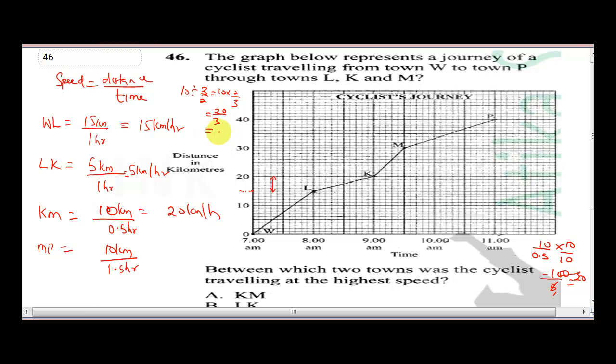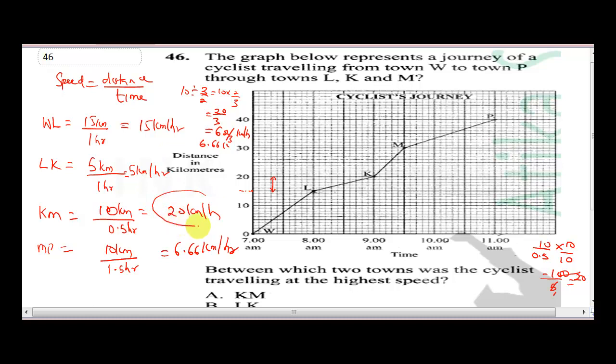And 20 over 3 gives us 6 and 2 over 3 kilometers per hour, or 6.666 kilometers per hour.